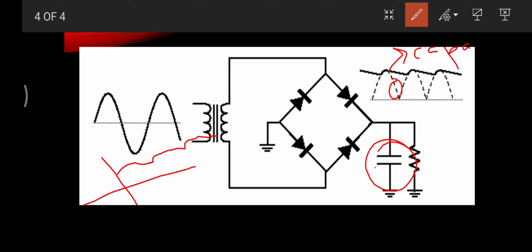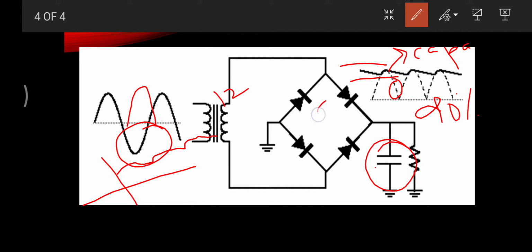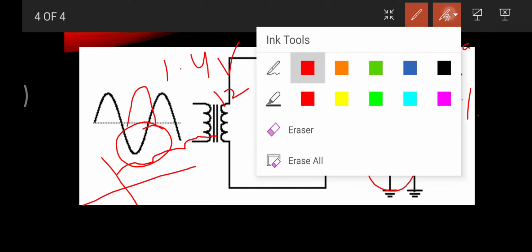Also, it has a power efficiency of around 90%, because here we are not losing this cycle, however we are making it positive. For example, let's suppose that we use a 12 volt step down transformer, and each diode has a 0.7 volt drop, and the current is passing through two diodes, so the total voltage drop is 1.4 volt.